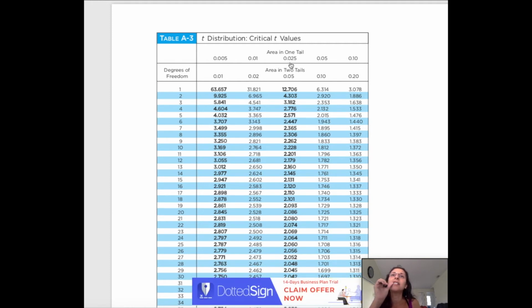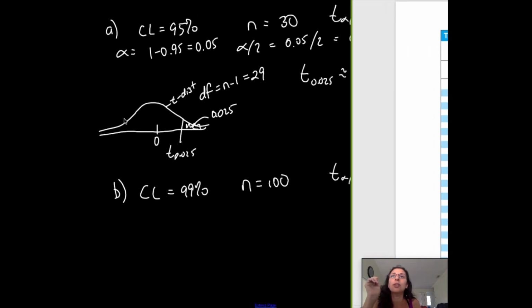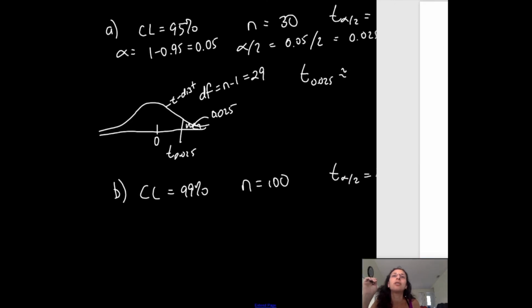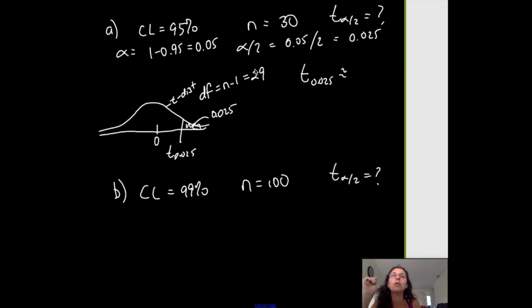My area in two tails is 0.05. Well, that would make sense because if I were to put another area here, since it's symmetric, it would match this. And then if I add the two together, I would get 0.05. So you could look at it either way. Area in one tail is 0.025, or the area in two tails is 0.05. My degrees of freedom were 29.